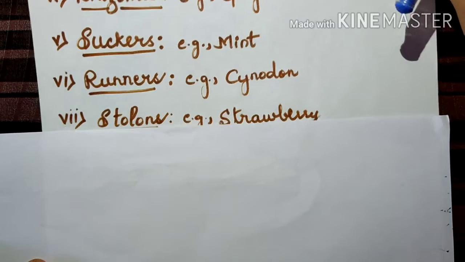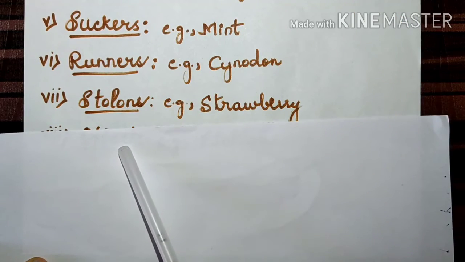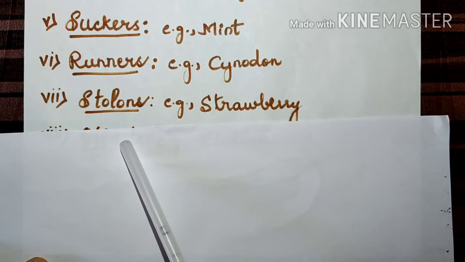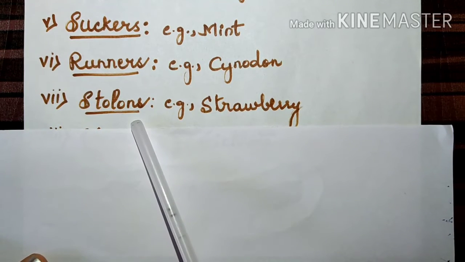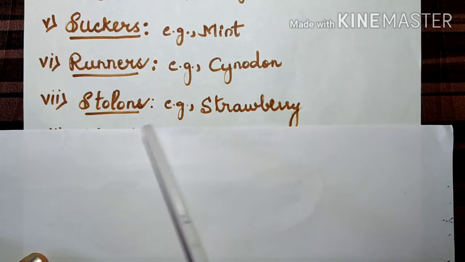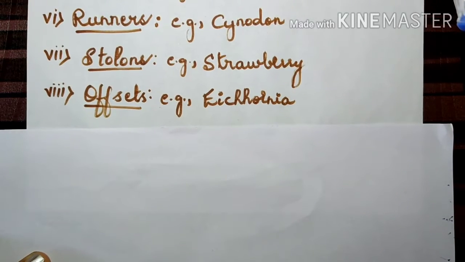And the next one is stolon. The stolon can be called an arched horizontal branch which develops at the base of the crown. Breaking results in the formation of a new plant. You can give strawberry as the example.